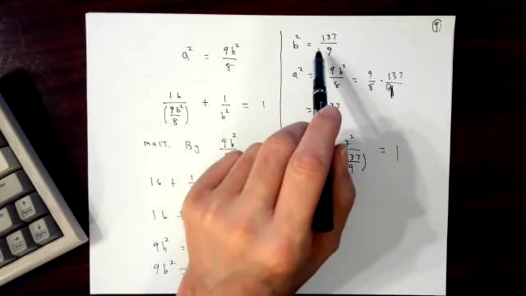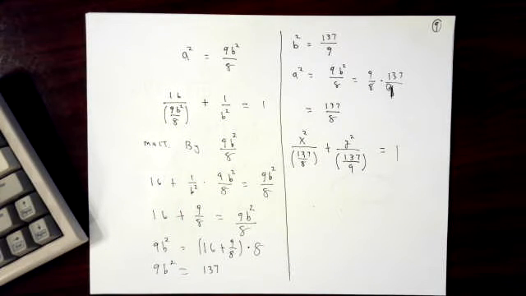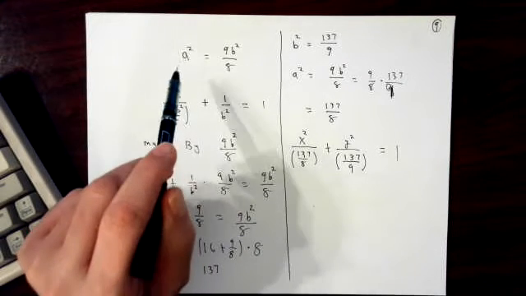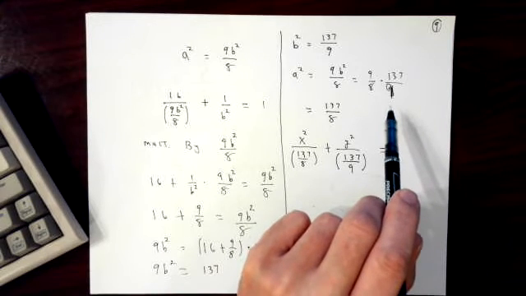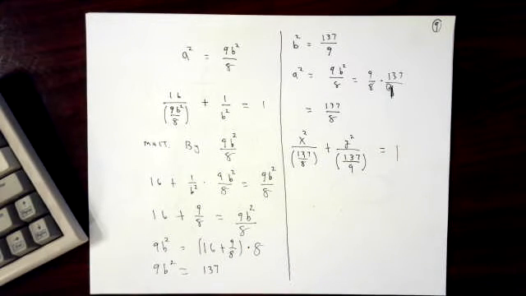That says that b squared has to be 137 divided by 9. The second that I know that, I go back over here to this formula. A squared has to be 9/8 times 137 over 9, which is 137 over 8.